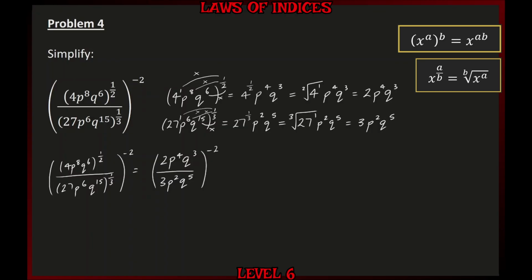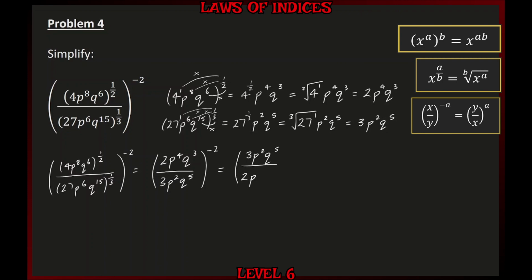Now, since we have a negative power here, we can use this law, which tells us that this fraction can be rewritten as 3p^2 q^5 over 2p^4 q^3, raised to the power of positive 2.